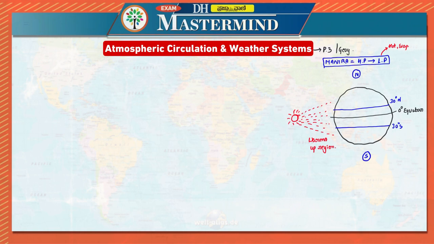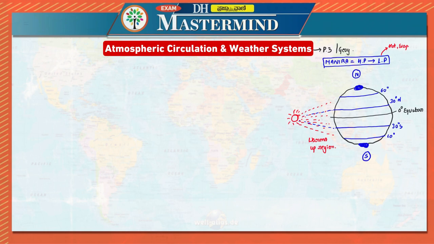The next one to take is near 66, nearly 60 degree, and here are the poles, the north pole and the south pole. Most of the direct rays of sunlight fall on the tropical region only.